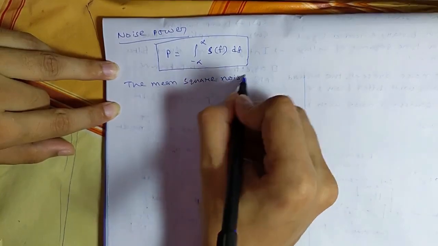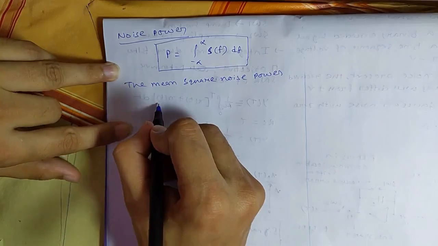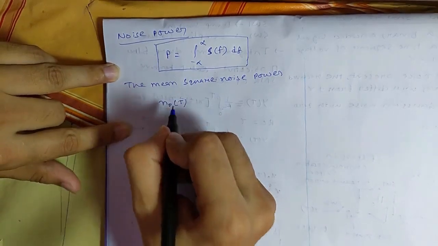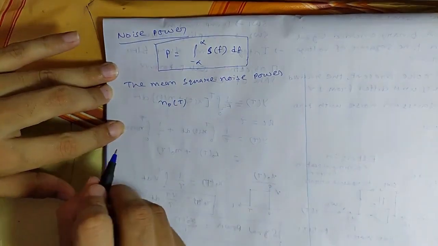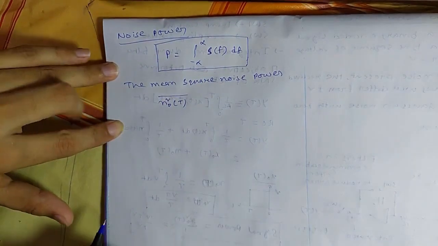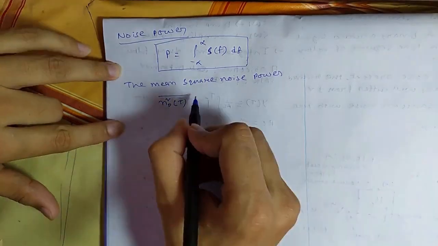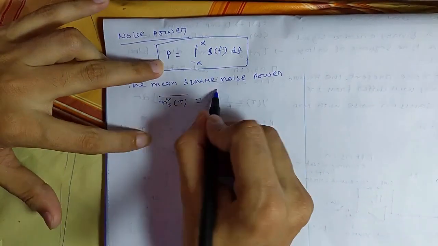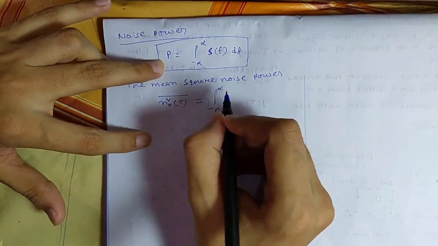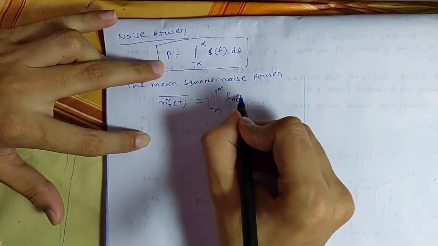Similarly, for our noise power, the mean square noise power can be determined as follows. Our original sample value of the noise was n0(t), so we take the square and take the average. That is the mean square value of the noise. It will be integrated from minus infinity to plus infinity of the output power spectral density.